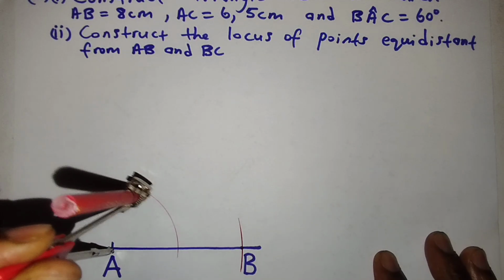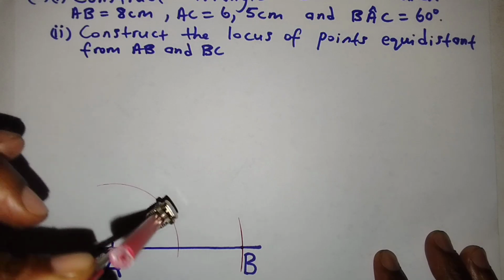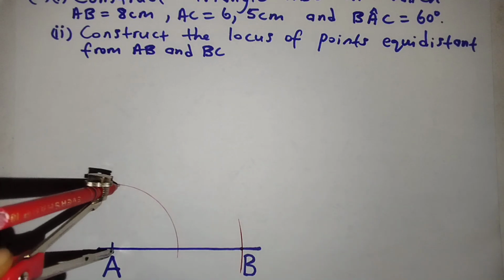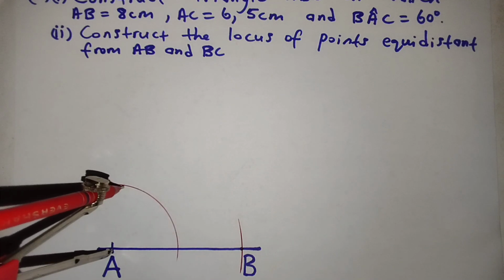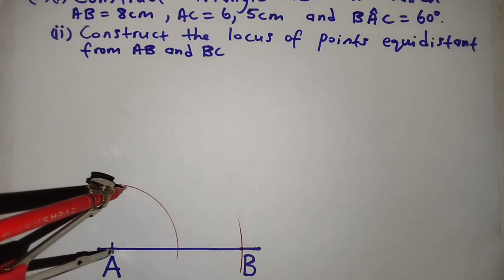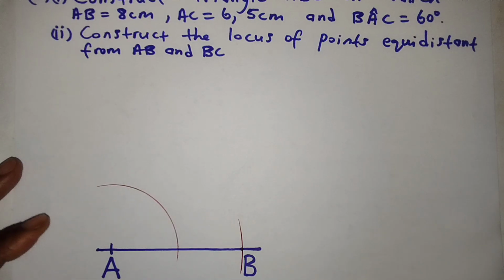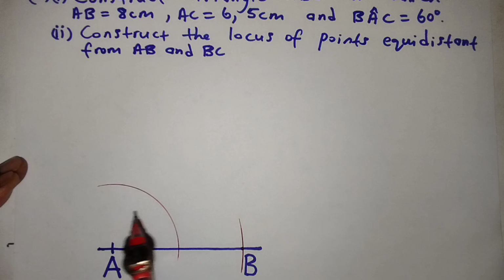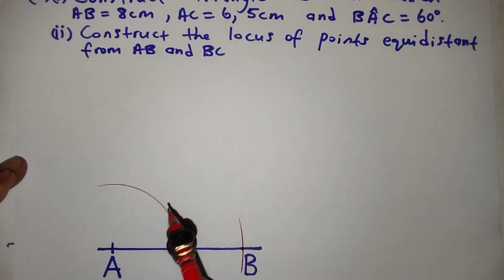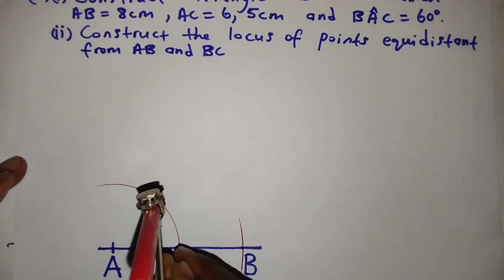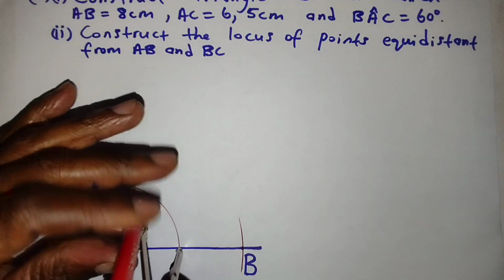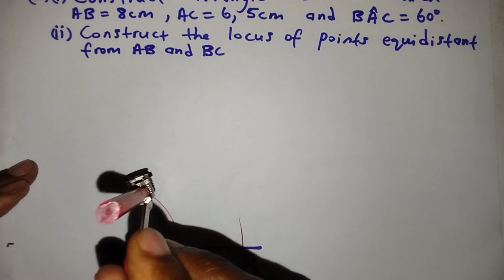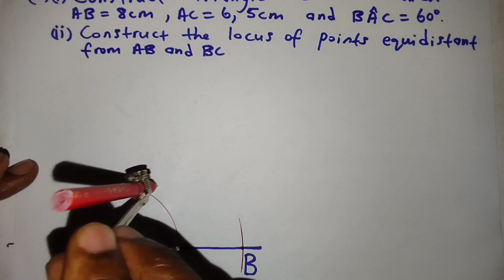Now, without changing the radius, I'm going to choose this point where the arc intersects the line AB as my center, and then construct another arc which cuts this one here.